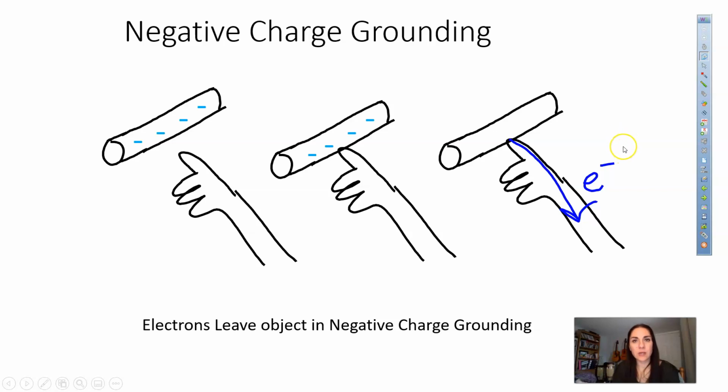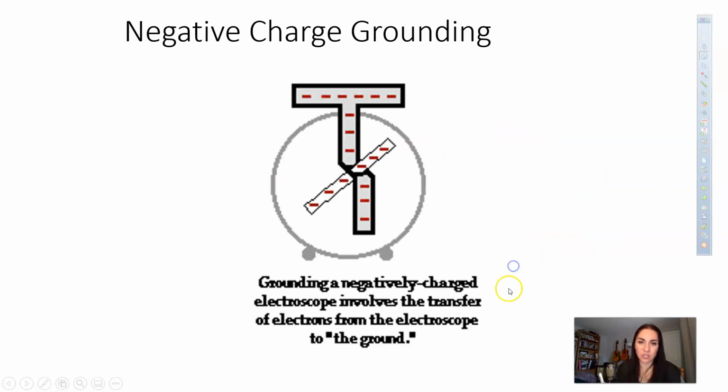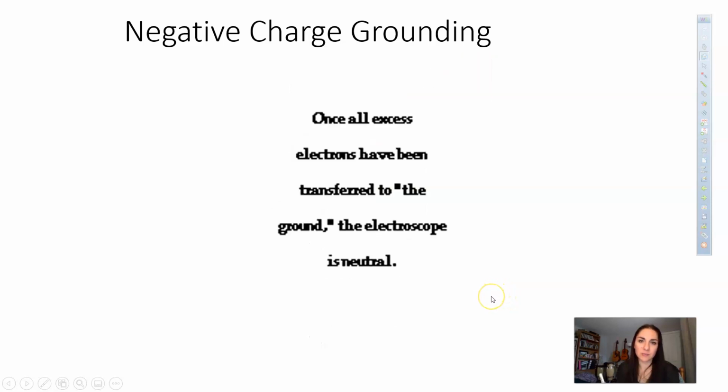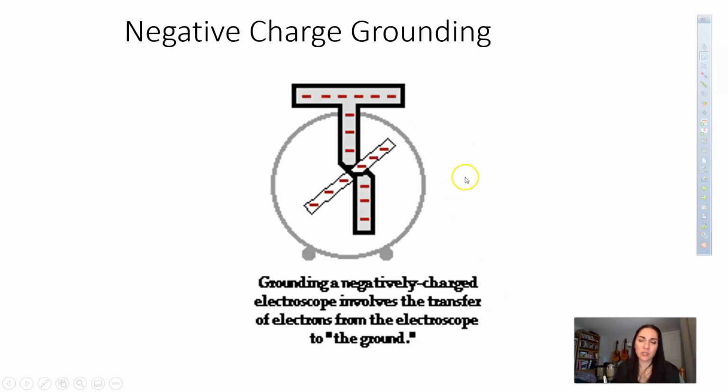So there's negative and positive grounding. If you touch a negative object, the electrons go down your arm because you're getting rid of that charge. So the charge transfer in this case is leaving the object. If the charge transfer is leaving the object, then the object was originally negative.